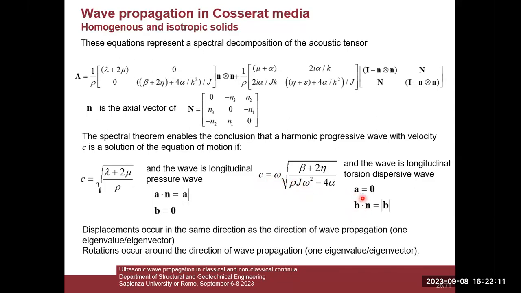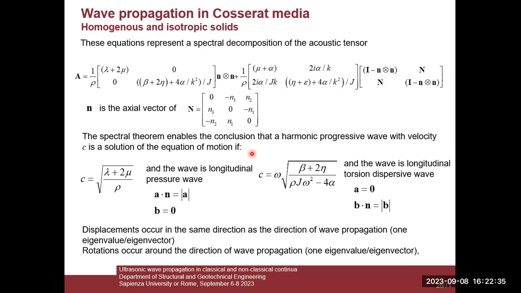Moreover, it has A equal to 0, so the only part different from 0 must be B. But B is the amplitude of the rotation, so you have a wave with only rotation. What is it?